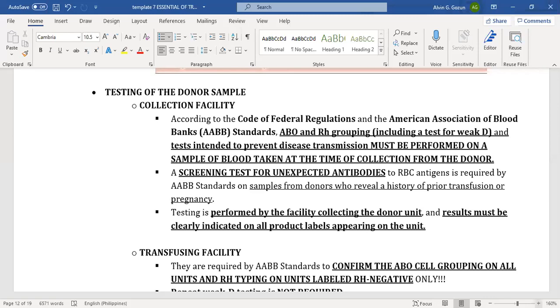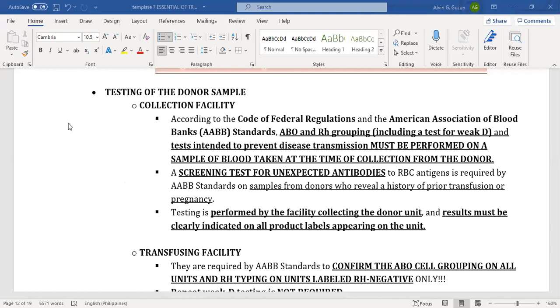According to the Code of Federal Regulations and AABB standards, ABO and RH grouping, including tests for weekly and tests intended to prevent disease transmission, must be performed on a sample of blood taken at the time of collection from the donor. So meaning guys, during the time na si donor nag-donate ng blood sa collection facility, kailangan daw i-test agad.